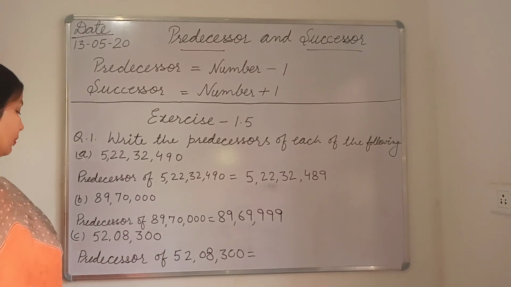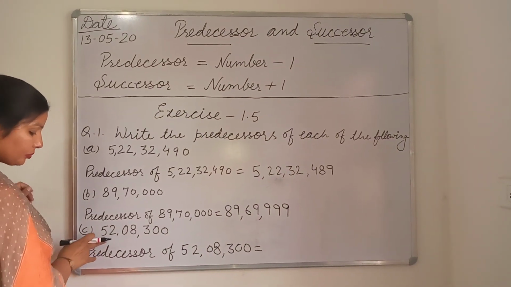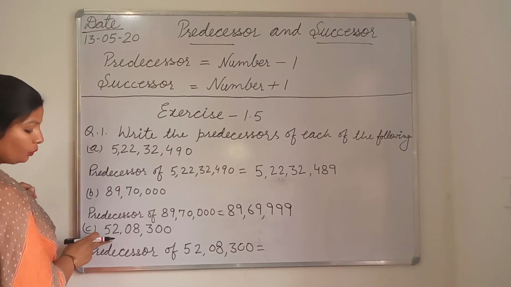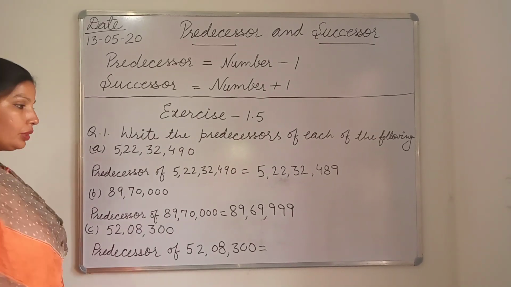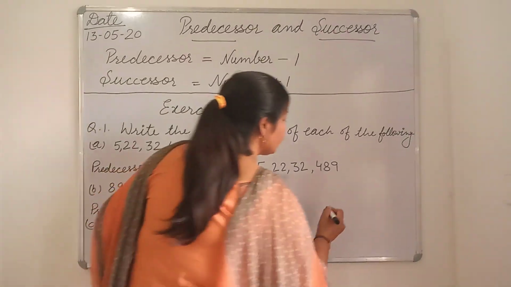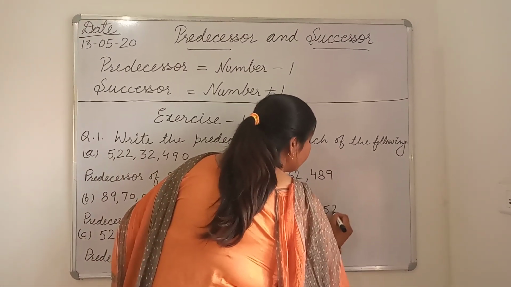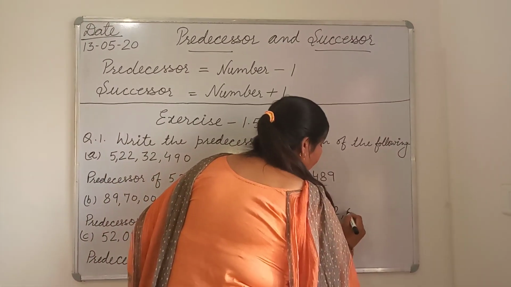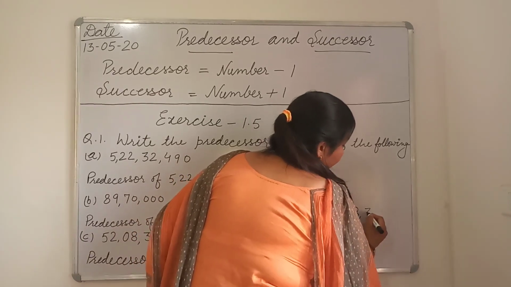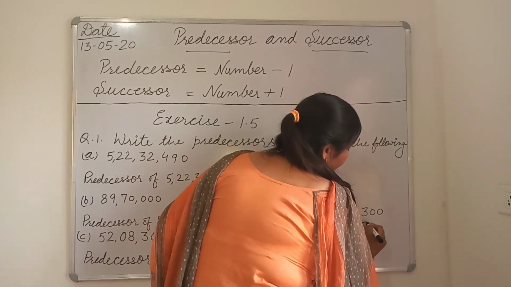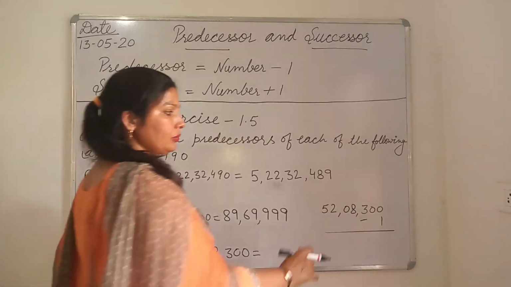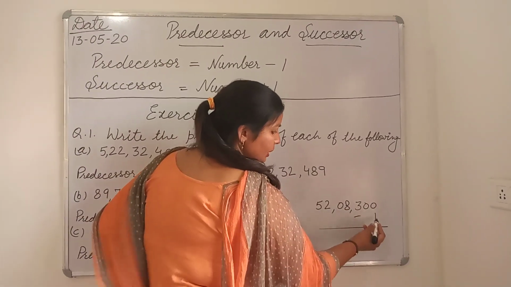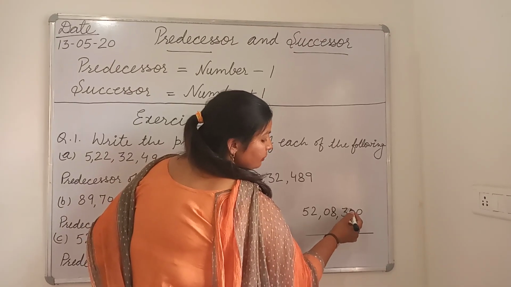Okay, now it's the C part. Here is 52 lakhs 8,300. Here also we can do it by subtraction. 52 lakhs 8,300 minus 1. You cannot subtract 1 from 0, so again we will take borrowing.